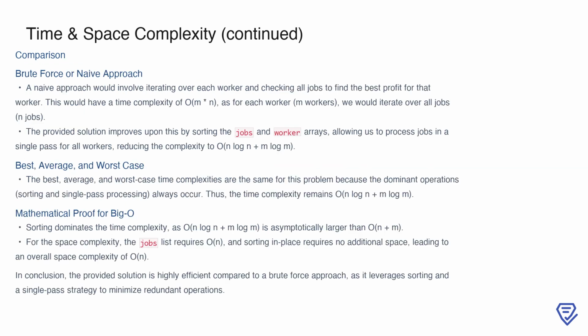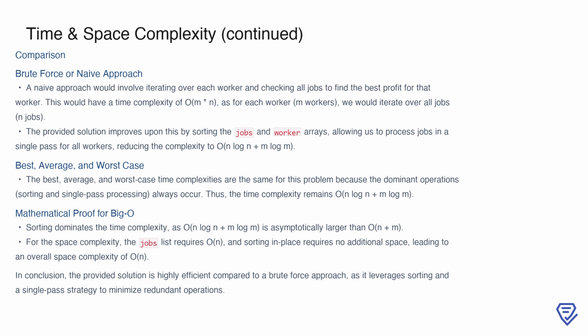Comparing this solution to a brute force approach, we can see significant improvements in efficiency. A naive method would require iterating over all n jobs for each worker, which results in a time complexity of O(m*n). In contrast, our optimized solution sorts the jobs and worker arrays first, and then processes jobs in a single pass for all workers, reducing the time complexity to O(n log n + m log m).